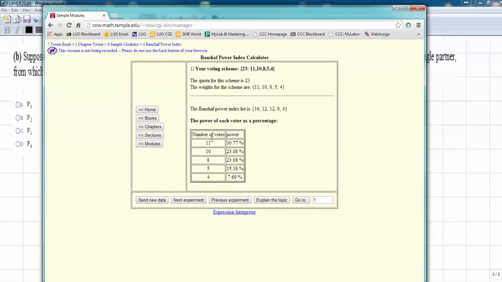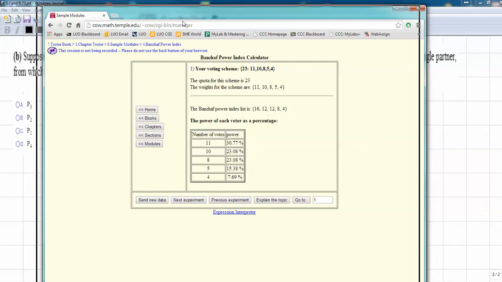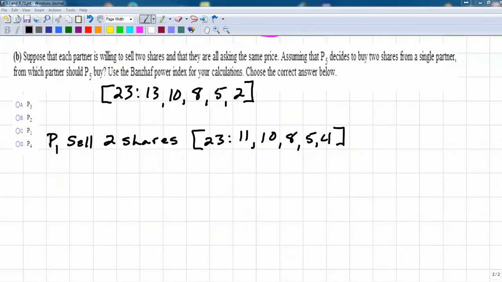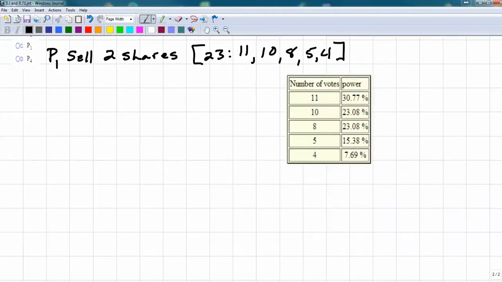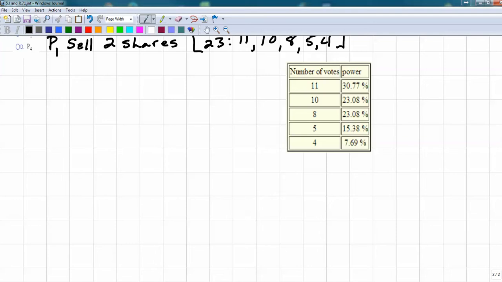Now, notice that P sub 5 has 7.69%. That's not very much. So then we're going to look at P sub 2 selling 2 shares. That's going to be our next option. So P sub 2 sells 2 shares.